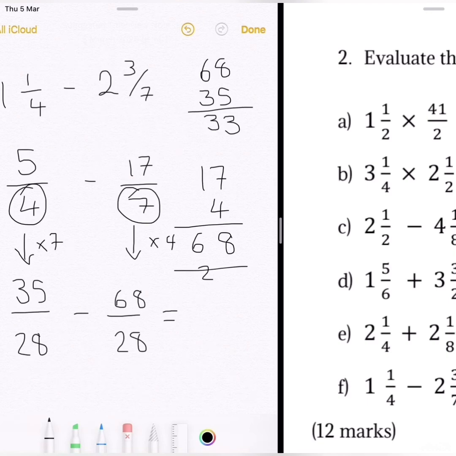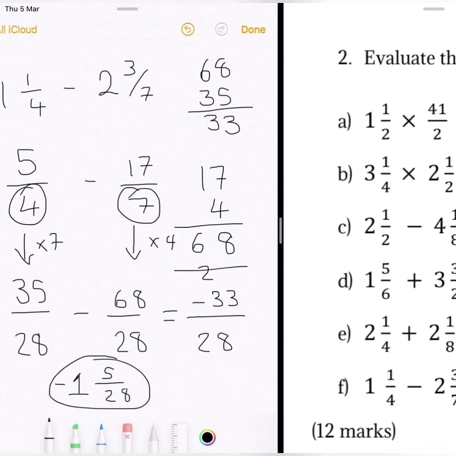So it must be minus 33 over 28. Well, we can see there's one whole lot, so it's minus 5 over 28. So minus 1 and 5/28. Quite a tricky one there, that last one.